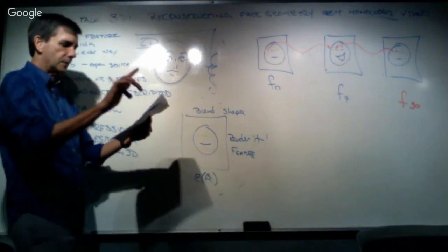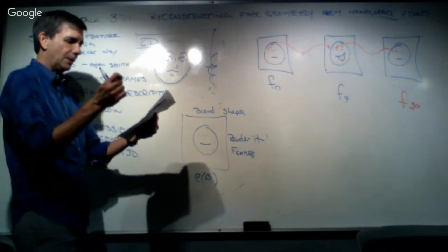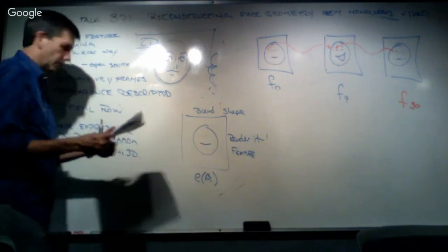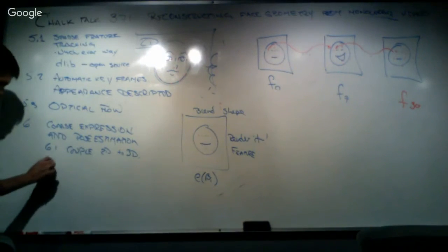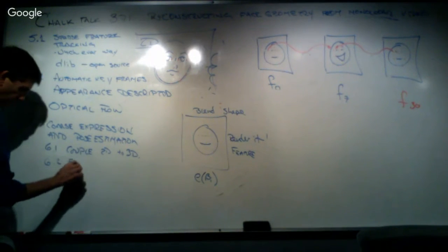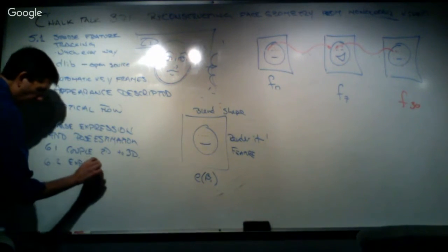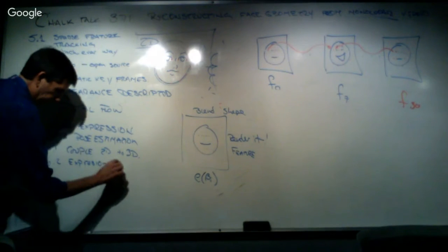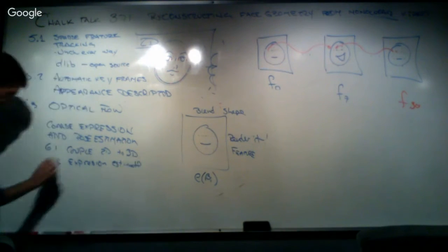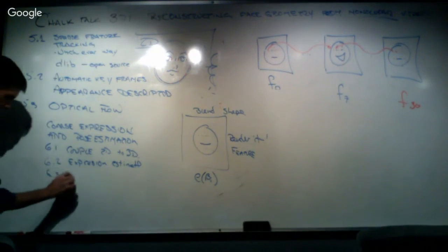It is our task to estimate the current facial expression in terms of blending weights. So what we're going to do first, and I'll jump ahead here, is expression estimate first. And then 6.3, pose estimate.